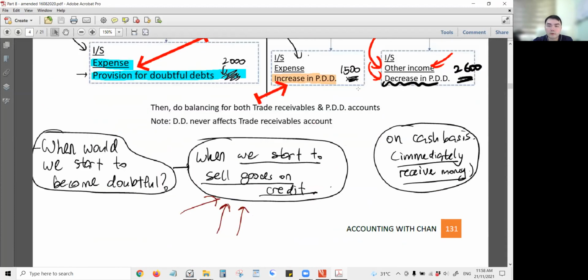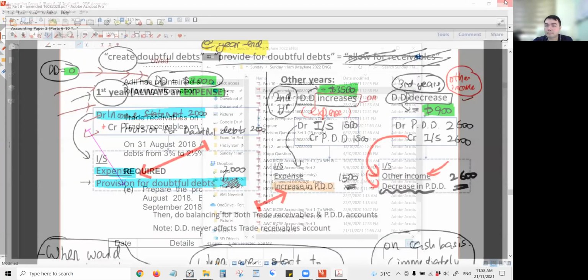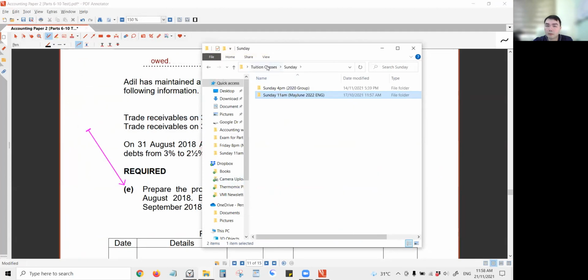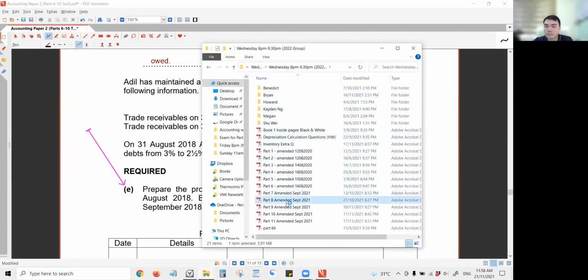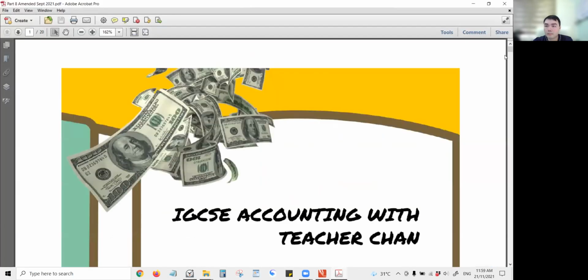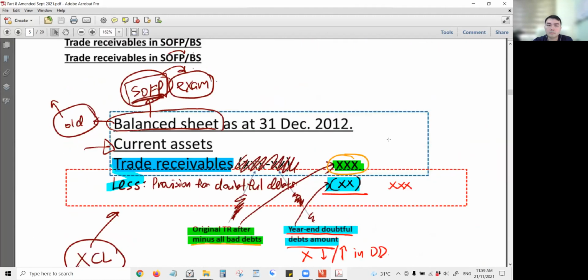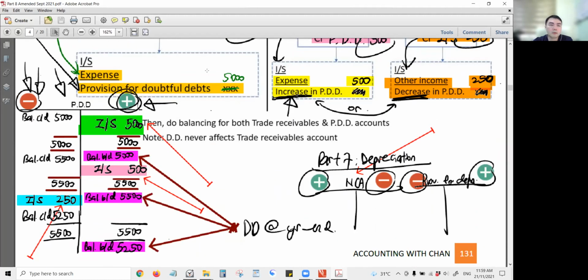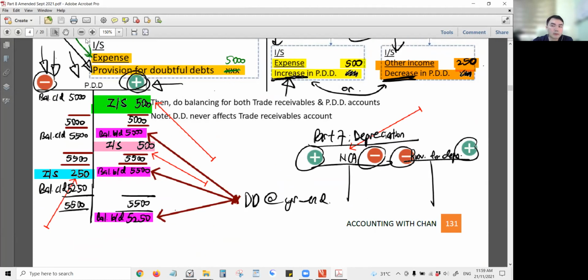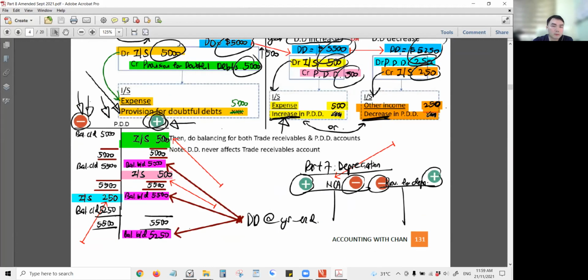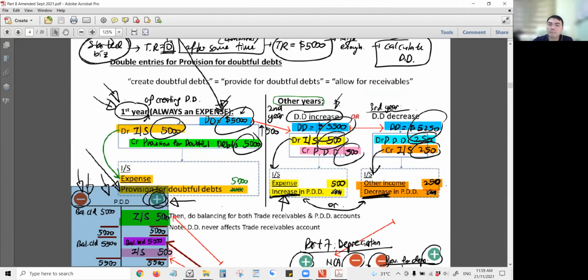Hold on, yeah. Let me give you a better example. Okay, this is something you have to know how to do. The provision for the doubtful debts account. Okay, provision for the doubtful debts account. And so revise a bit on this.